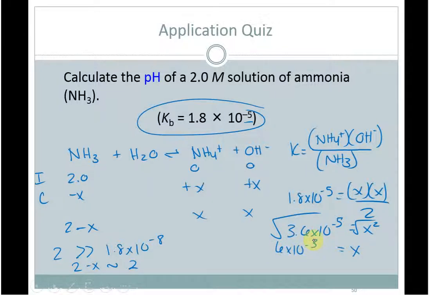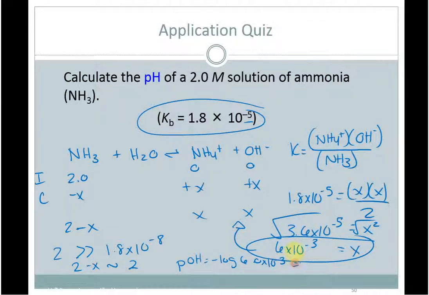Okay? Now this is our hydroxide ion concentration. We can go from hydroxide to pOH, which is a negative log of that 6.0 times 10 to the minus 3. That's going to give us 2.22, which gives us a pH of 14 minus 2.22, or 11.78.